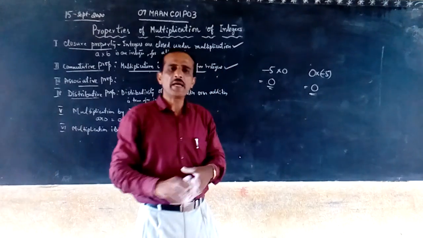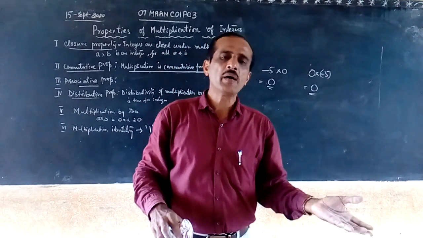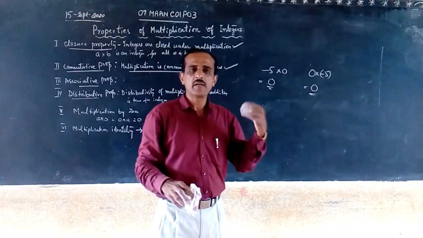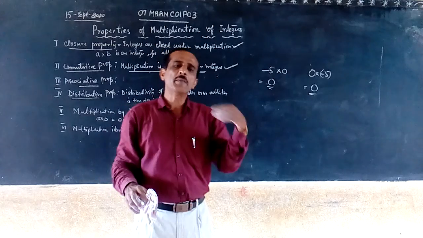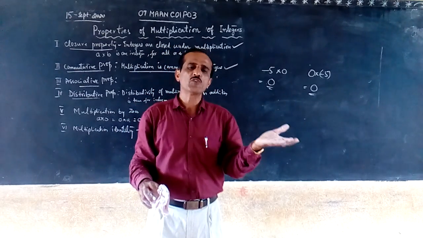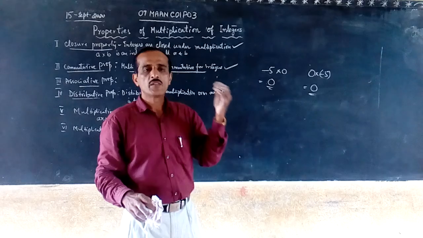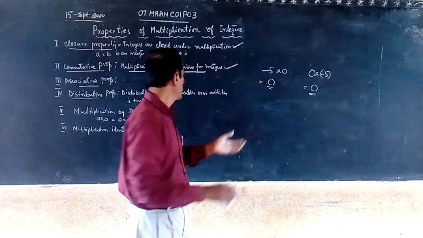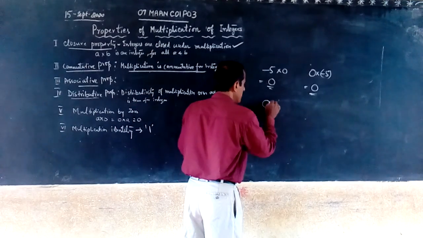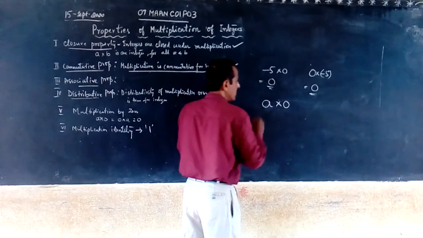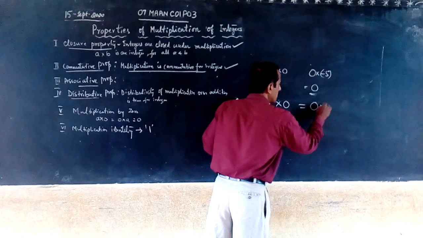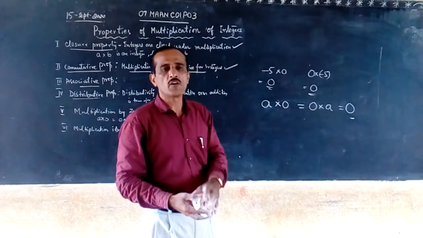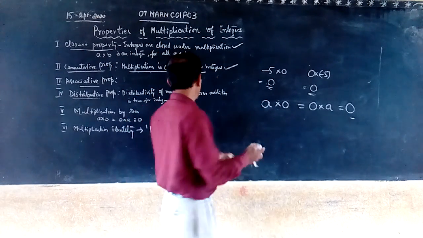Whatever number it may be, integer, real number, whole number or natural number, positive or negative, if you multiply it by 0, the product is always 0. Therefore, in general, if an integer a is multiplied by 0, it is always equal to 0 multiplied by a. The product is always 0. So a into 0 is equal to 0 into a is equal to 0. This is multiplication by 0.